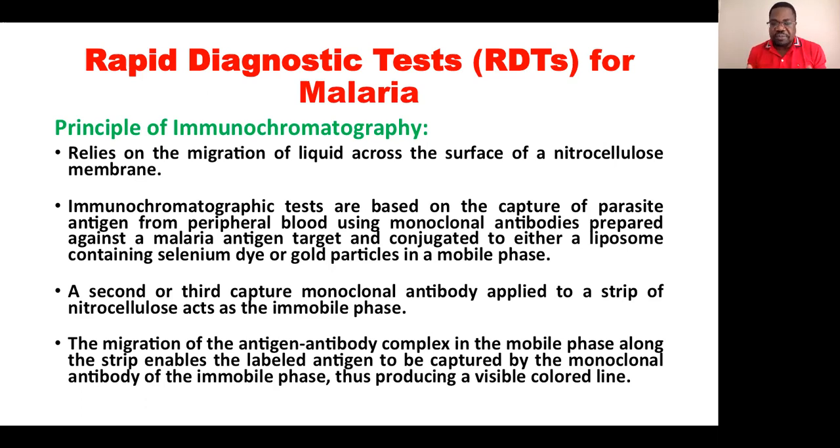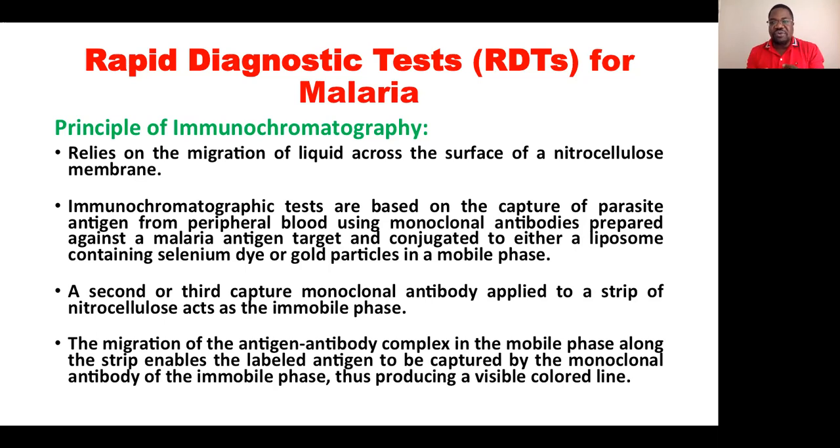So those immunochromatographic tests are based on the capture of the parasite antigen. On the strip, there is a malaria monoclonal antibody, whether it's an antibody for Plasmodium falciparum or any other Plasmodium. You need to know, because some of the tests only test for one species, others test various species.